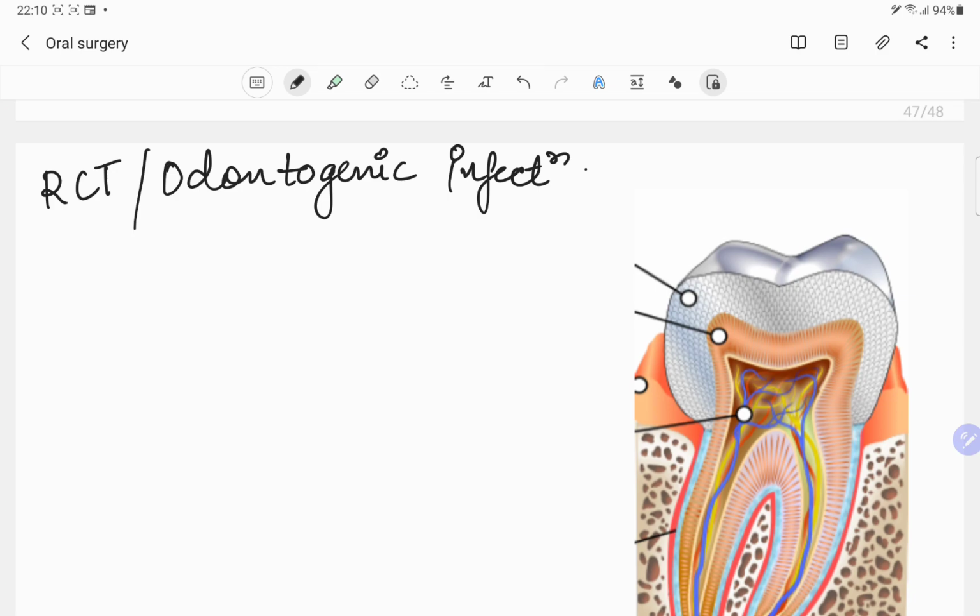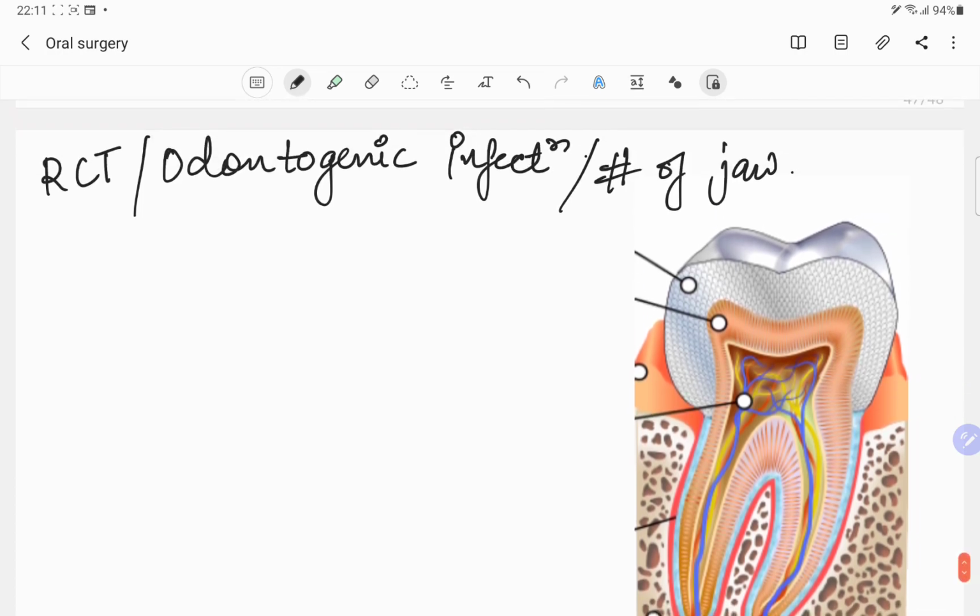How does this infection of bone occur? Most of the time it is due to infection in the tooth. It can be due to fracture of the maxilla or mandible, but the most common is odontogenic infection.